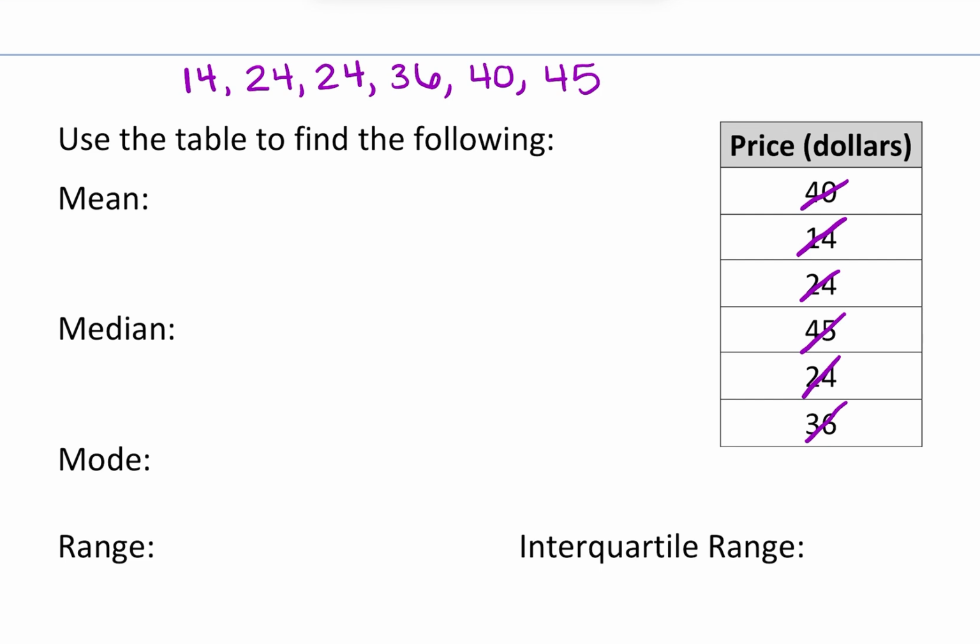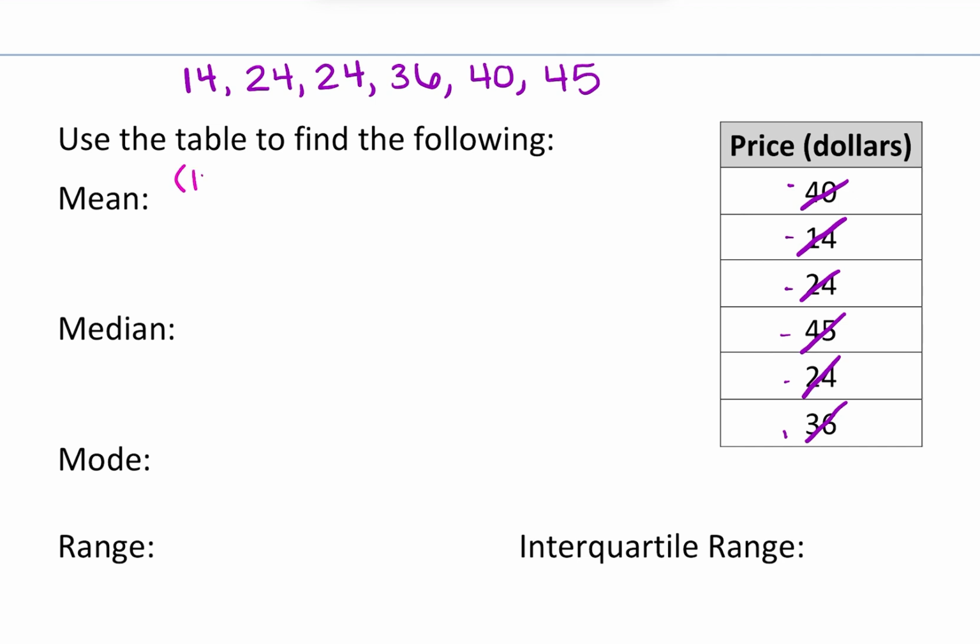And then I can go through and check. I have 1, 2, 3, 4, 5, 6 numbers. So I'm going to always make sure I have the correct amount. So mean, look back at your notes. Mean means average. So we're going to take all those numbers, we're going to add them together, and then we're going to divide by the amount of numbers.